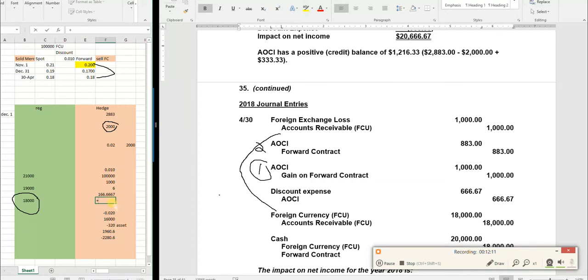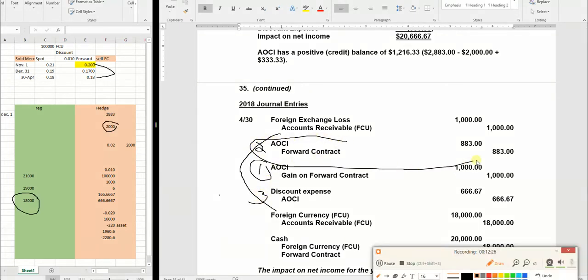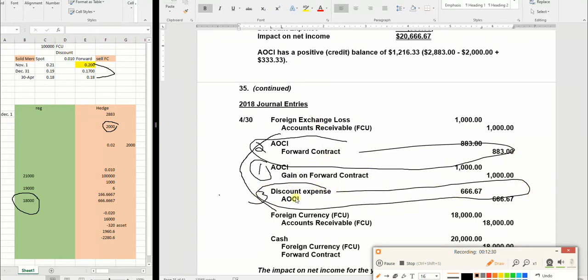So plus that times the other 4 months. And I get 666.67. Okay, so I've done my 3 steps. I have adjusted the gain or loss. I have adjusted the forward contract to 2,000, and I've allocated the rest of my discount expense. And again, it was discount expense above, so now it's still discount expense.